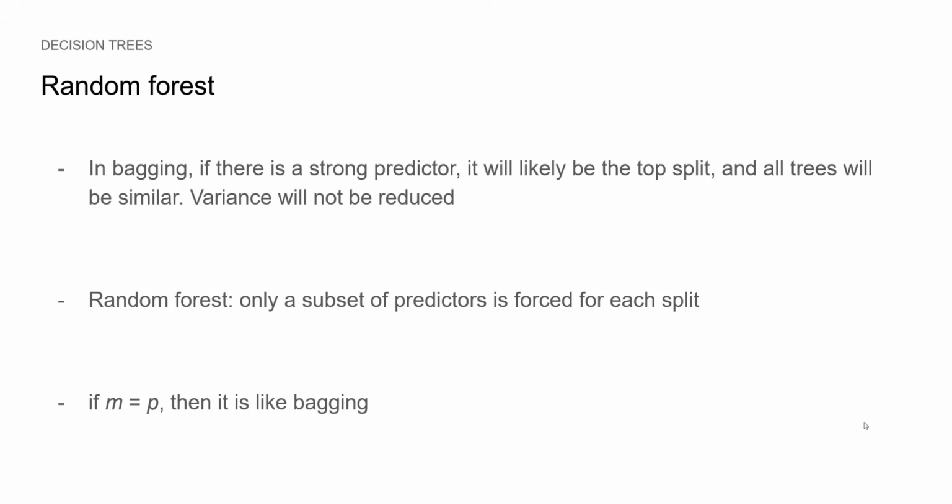Well, in bagging, if there is a strong predictor, it will likely be the top split, and all trees will therefore be similar, so variance will not be reduced once we average all predictions. With random forest, because we force a random sample of predictors for each split, we avoid this situation. Also realize that if M is equal to P, then it is just like bagging.